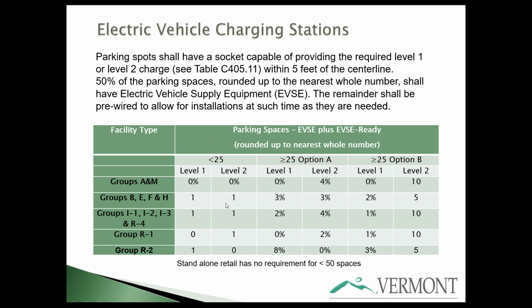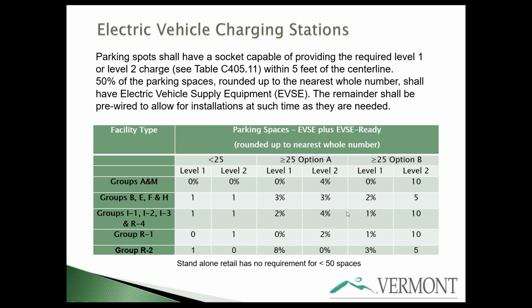So back here, if you have less than 25, if your group is A and M, no requirement at all, but one level 1 and one level 2 are both required if you're in one of these groups and you have less than 25, and so on and so forth.